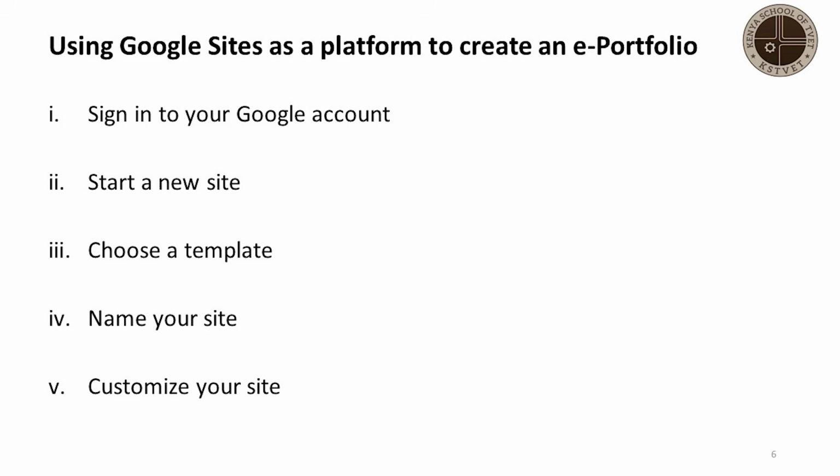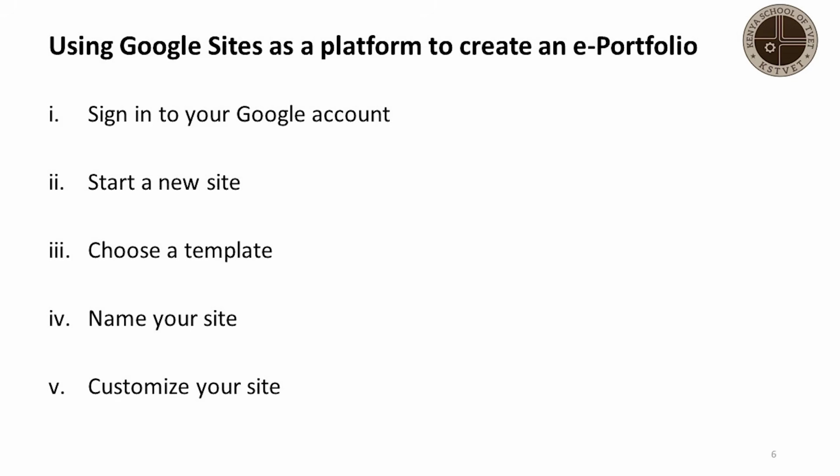Now, let us look at how you use Google Sites as a platform to create an e-portfolio. Google Sites is one of the many platforms that you can use when developing an e-portfolio. Here is the step-by-step procedure to follow when creating an e-portfolio in Google Sites.